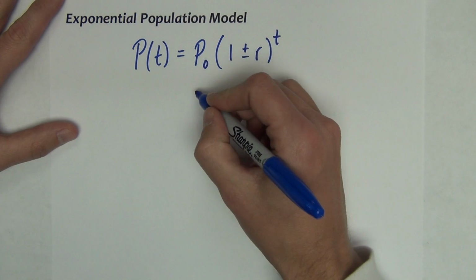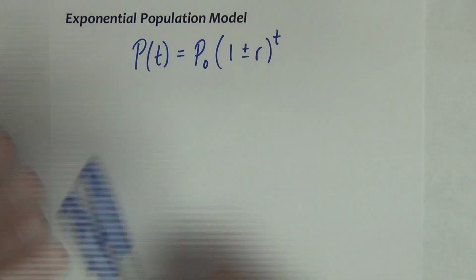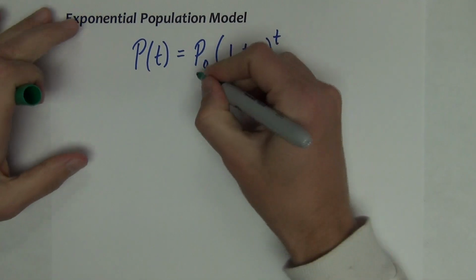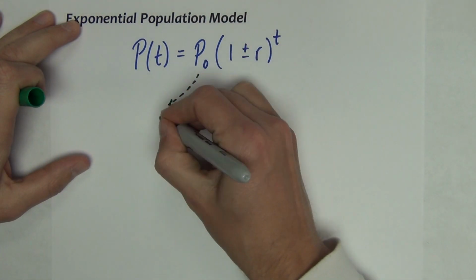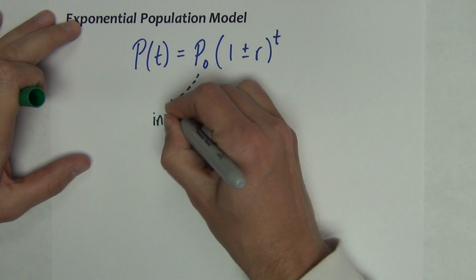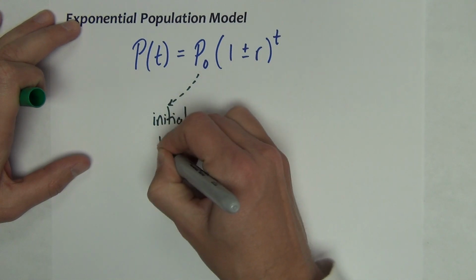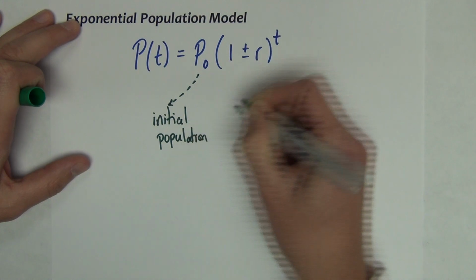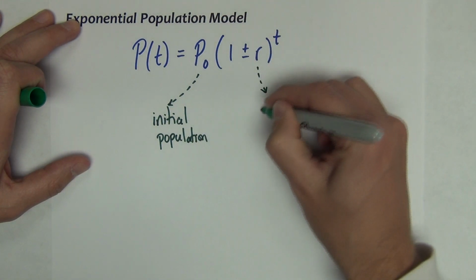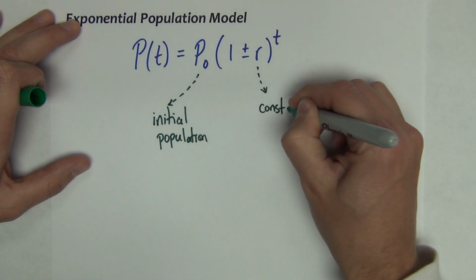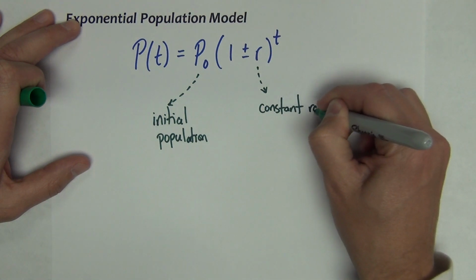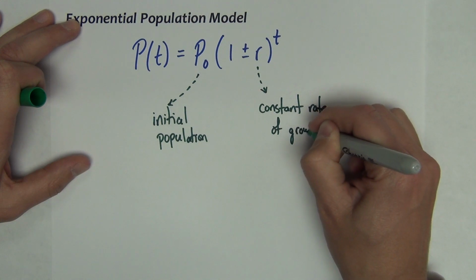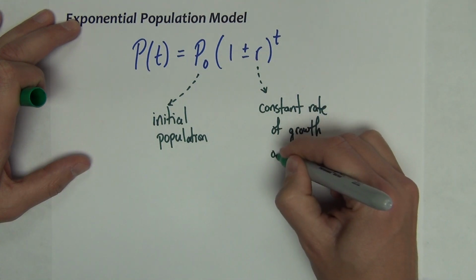In this particular model, the P naught is the initial population, and the r, I could say, is the constant rate of growth or decay.